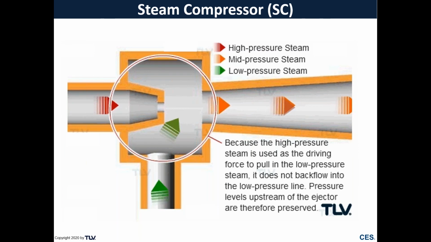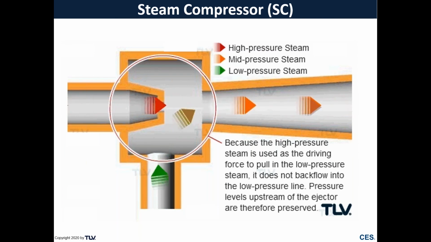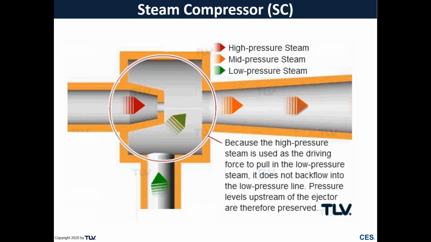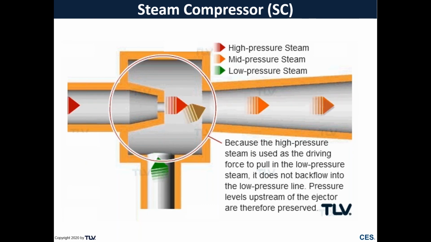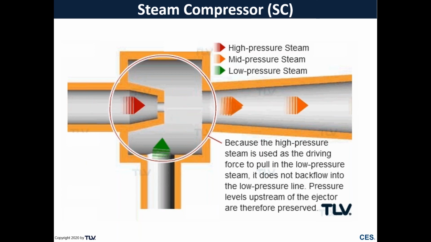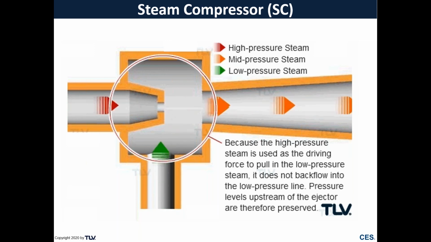So, a closer look here: you can see the high pressure steam being sent through a nozzle at a very, very high velocity. This high velocity results in a low pressure. That low pressure is actually sucking our low pressure steam up and mixing the flows. And as we bring those two flows together, it results in a medium pressure steam, something that falls between the high pressure and the low pressure.